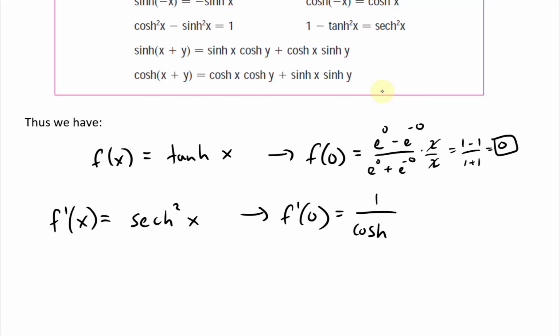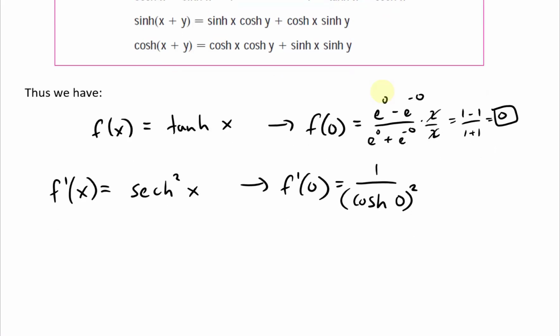I'm going to put a 0 here, in brackets, squared. So we're going to square that 0. And then the bottom is going to equal 2. Well, we know cosh is just e to the 0 plus e to the negative 0. I'm going to write this as e to the 0 plus e to the negative 0 divided by 2, all squared.